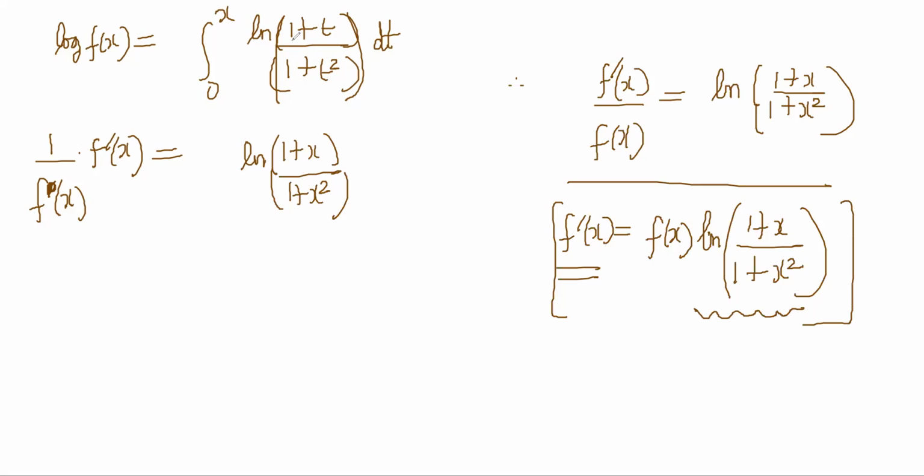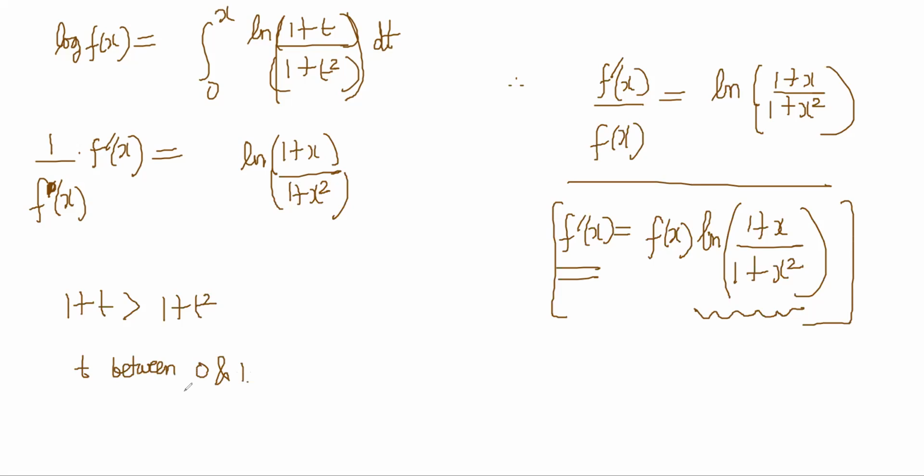So 1 plus t by 1 plus t square. 1 plus t square will be greater than 1 plus t, if t is positive. No, we don't know that. If t is between 0 and 1, then 1 plus t is greater than 1 plus t square.